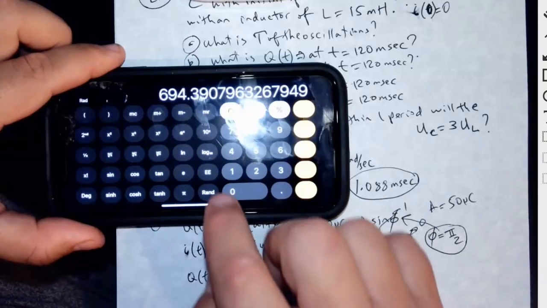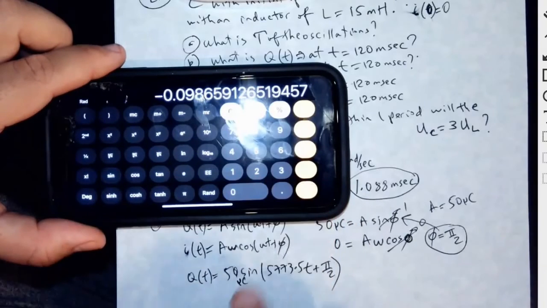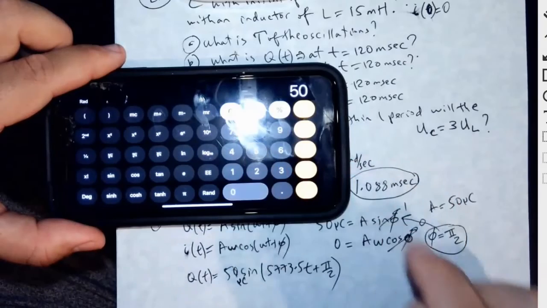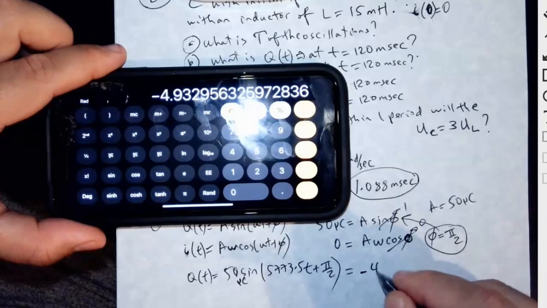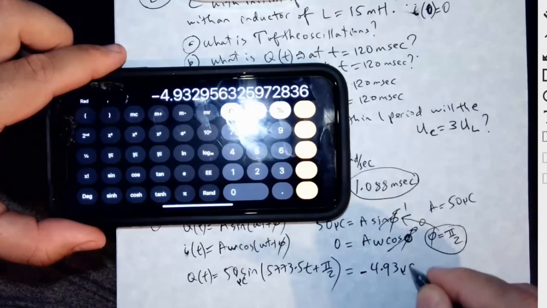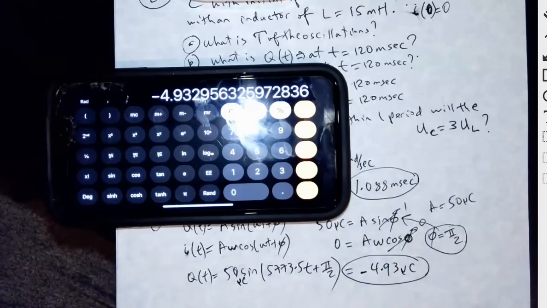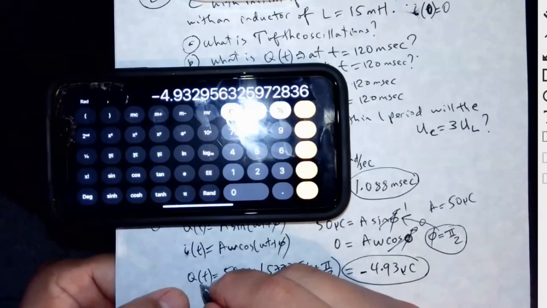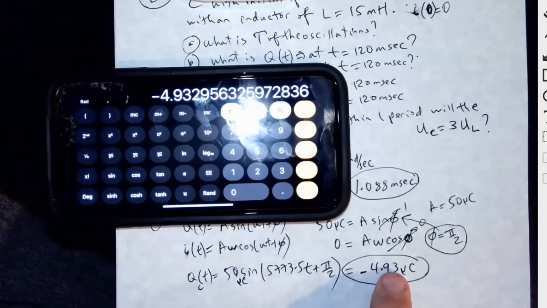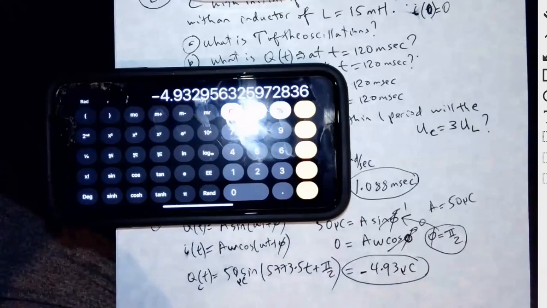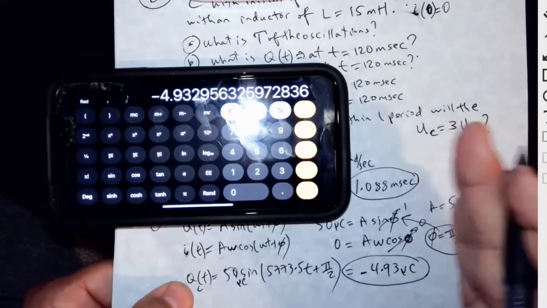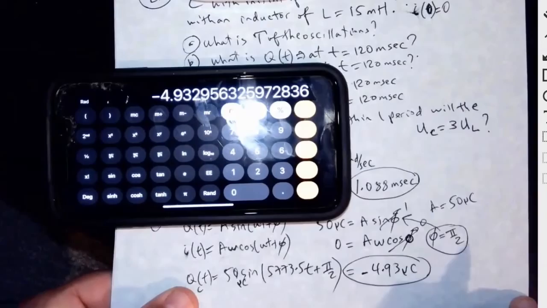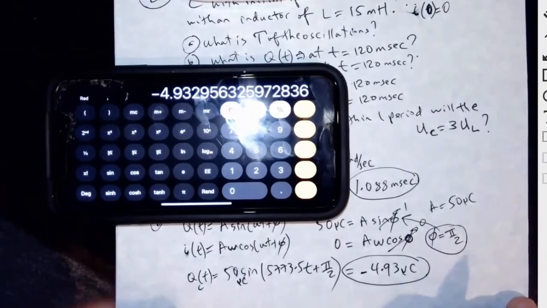Then take the sine of that times 50. Negative 4.93 microcoulombs. That's the charge across the capacitor at that time. That would be the physics 101 equivalent of asking what is the stretch of the spring at that time. So Q behaves like X.